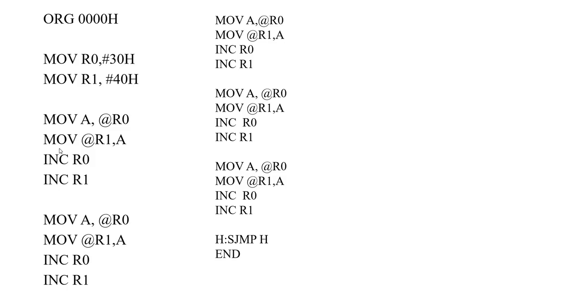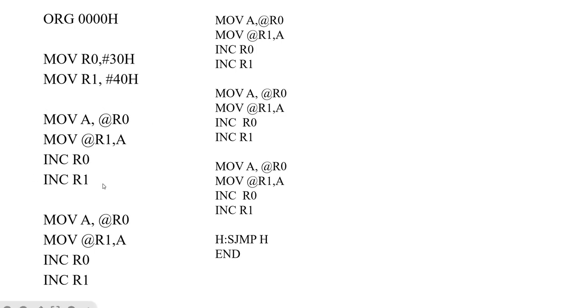So here you have a total of 5 iterations: first iteration, second, third, fourth and fifth. This is for 30H to 40H, 31H to 41H, 32H to 42H, 33H to 43H and 34H to 44H.